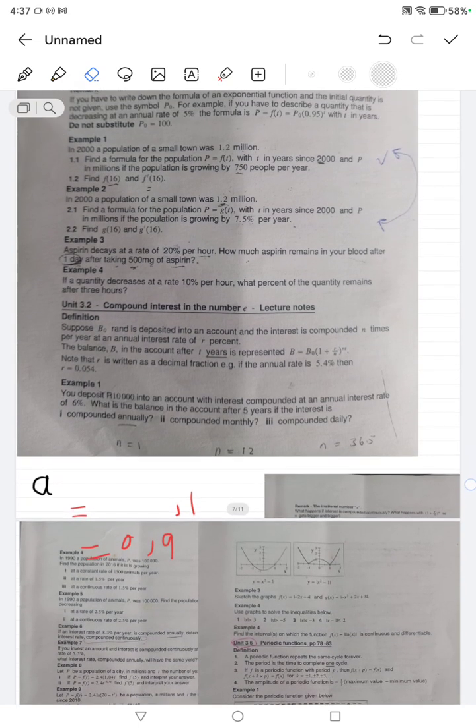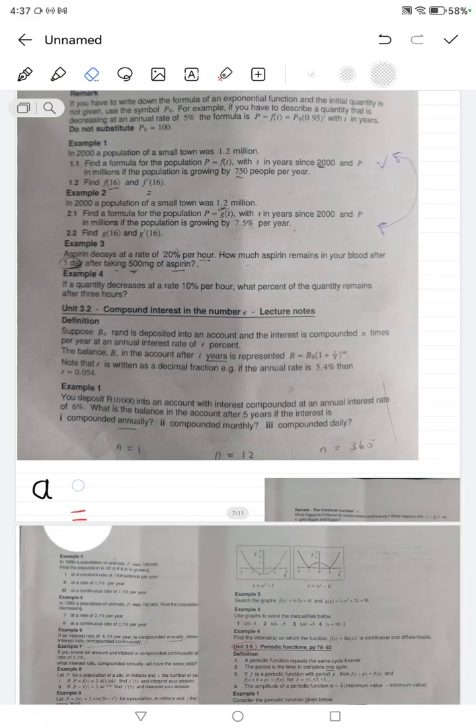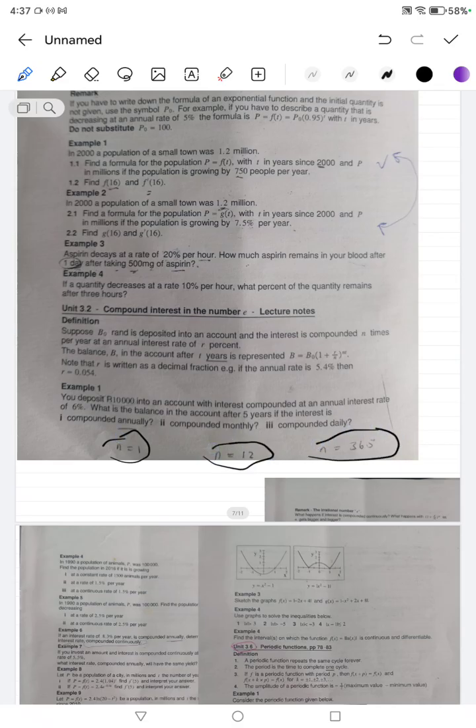Then daily we use 365. I think someone was also writing them this side. You can see, I'm not sure if this example has a quarterly example, but just know that for quarterly you're going to use your n as 4.